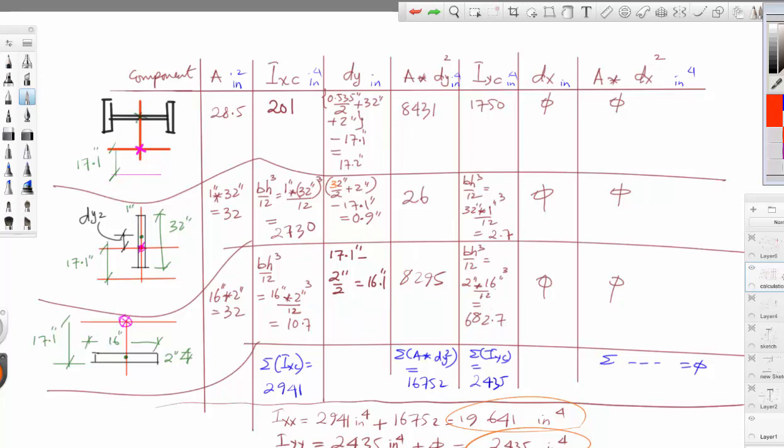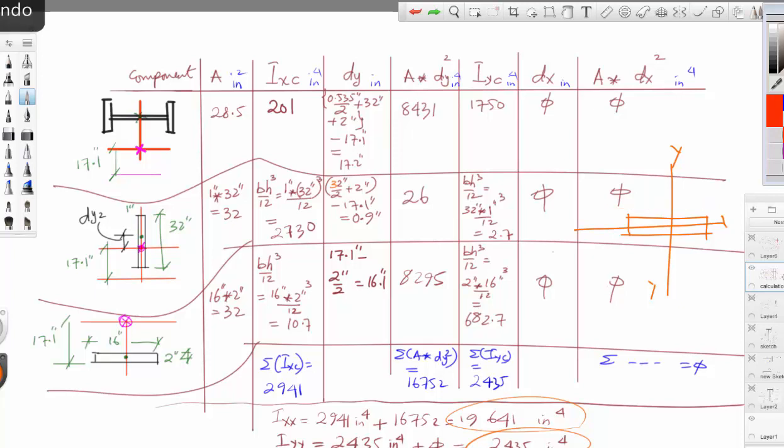Of course, for the moment of inertia about y, you have to reverse this, because now it is oriented like that. So this is y. The measurement that is parallel to the y-axis is this 2, and the perpendicular is 16.